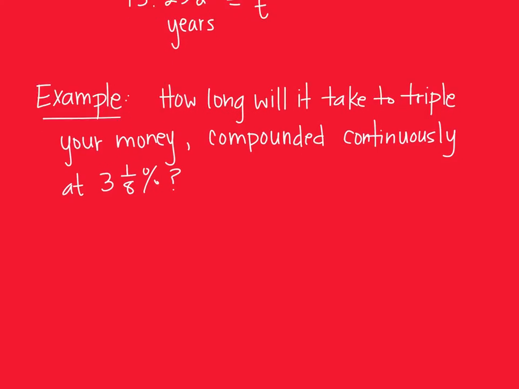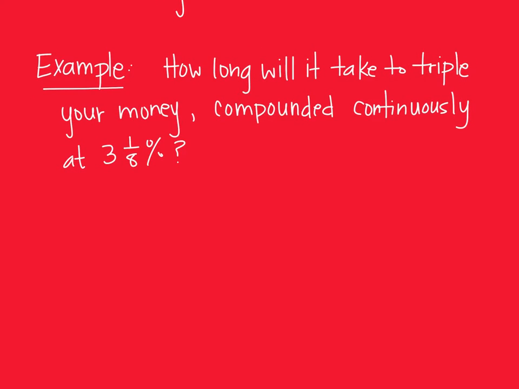So this is a similar question, but we're actually going to use a different formula. And again, you have to read between the lines and get the clue words out of here.